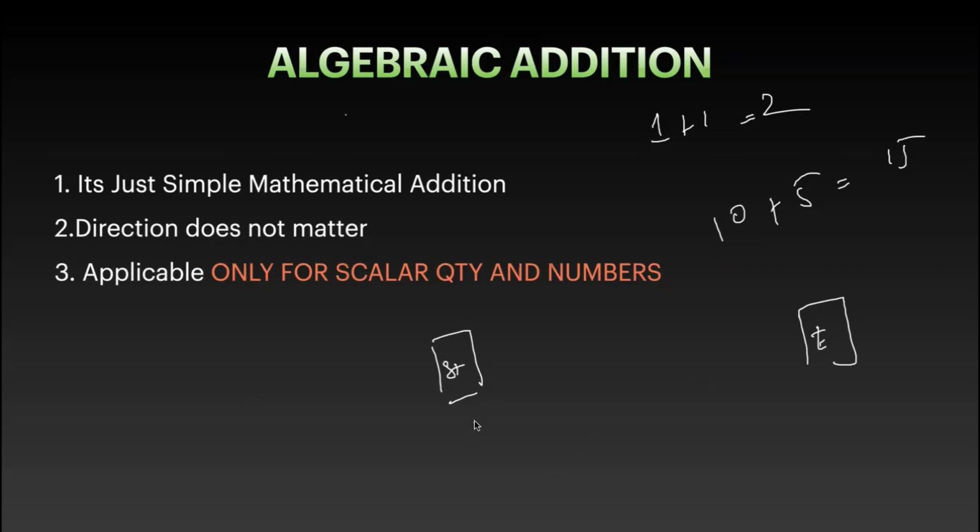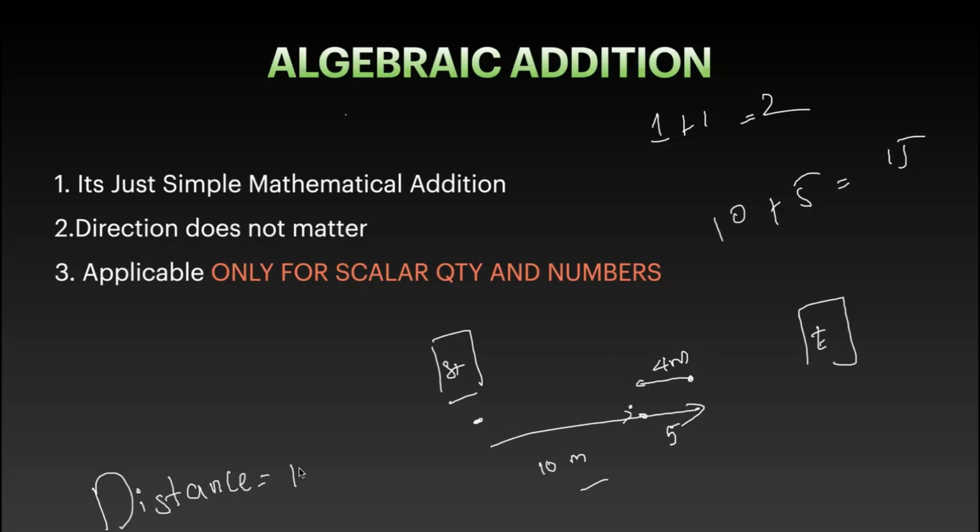Now, from here to here, what did you do? You moved 10 meters. Then from here to here, you moved 5 meters. Then from here to here, you moved 4 meters. Now, if they ask for the total distance, what will you do? Remember, I'm talking about distance, not displacement.